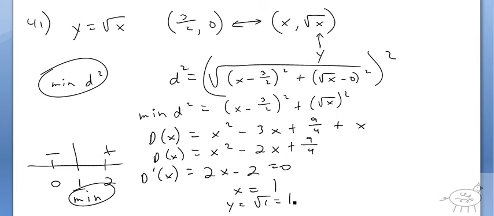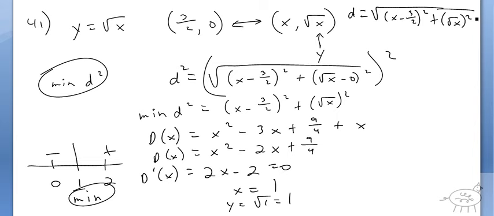So the whole question is, how close does it come? So basically what I do is plug it back into the original problem. D is equal to the square root of (x minus 3 halves) squared plus (the square root of x) squared. That's the original problem.